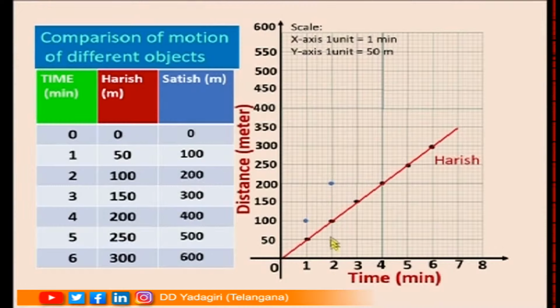After completion of 3 minutes the total distance is 300 meters. Like this, if you draw the graph, you will get a straight line. If you observe these two lines, both are straight lines, but the slope is different. The slopes of these lines are different.